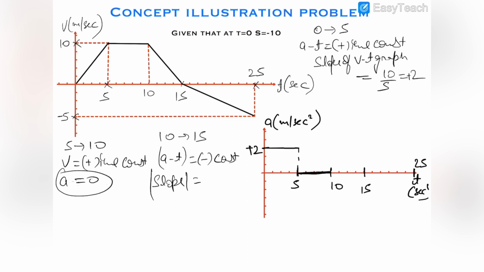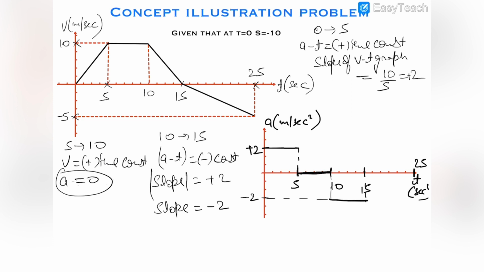So this is 2 in magnitude, while the slope is minus 2. Therefore we can say that acceleration would be negative 2. So it would be like that. So AT graph would be minus 2 in this time slot.